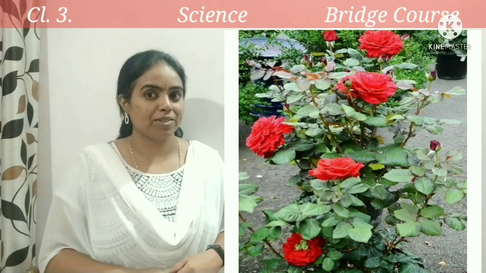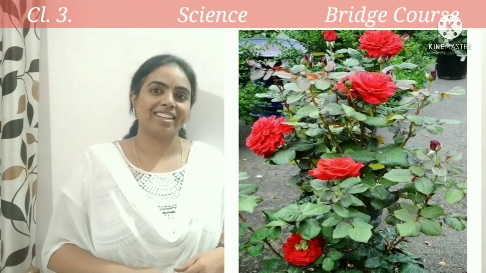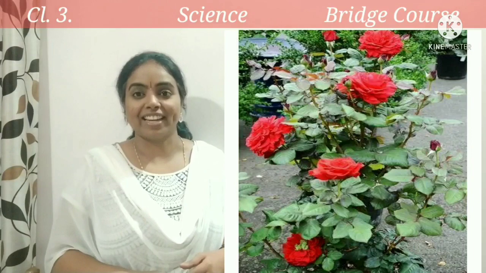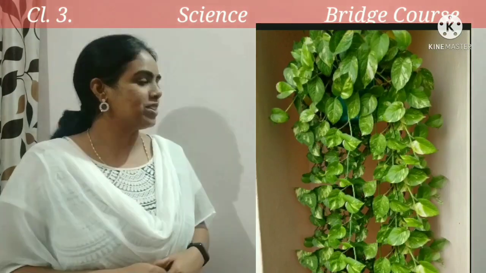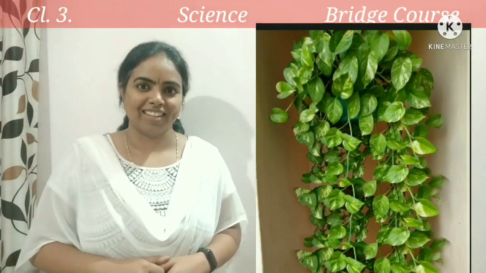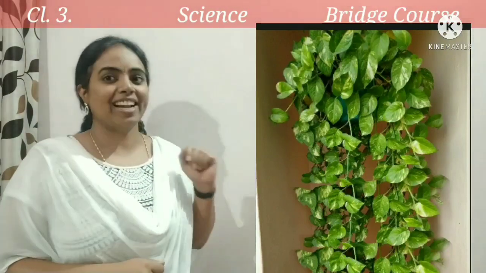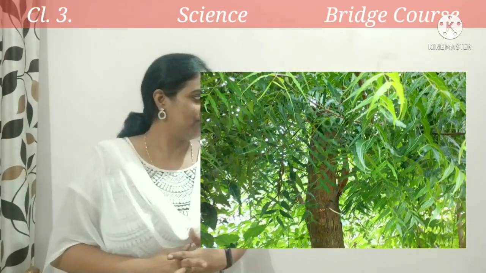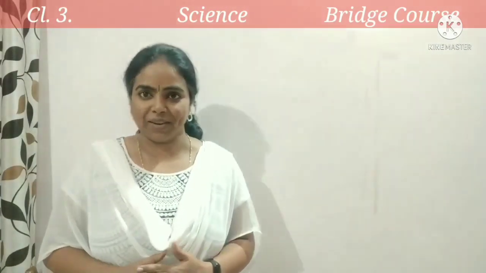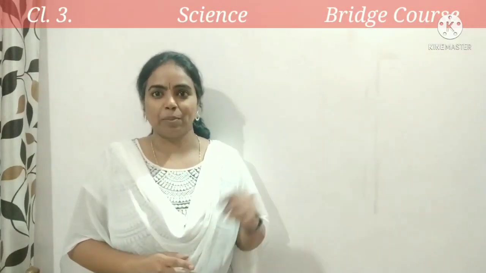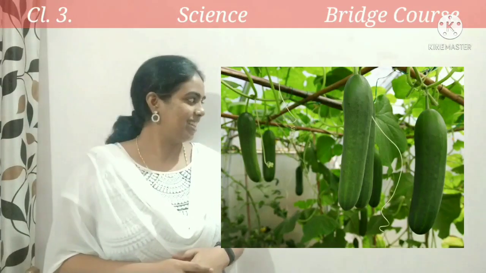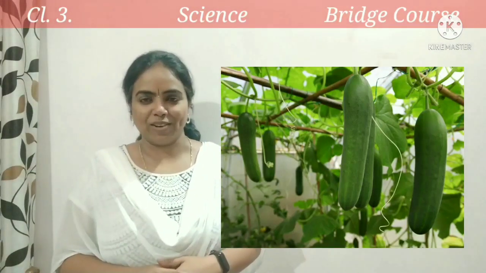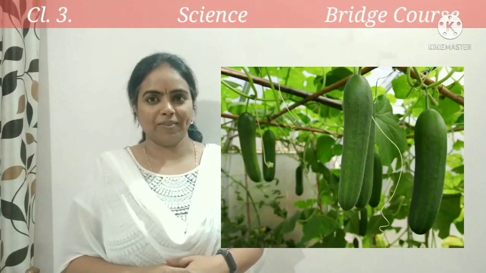Moving on to our next picture. Yes, it is a shrub. Good going, children. One more picture now. Correct, it is a climber. You want few more? Okay, here you go. Correct, it is a tree. The last picture. Correct, children, it is a climber.